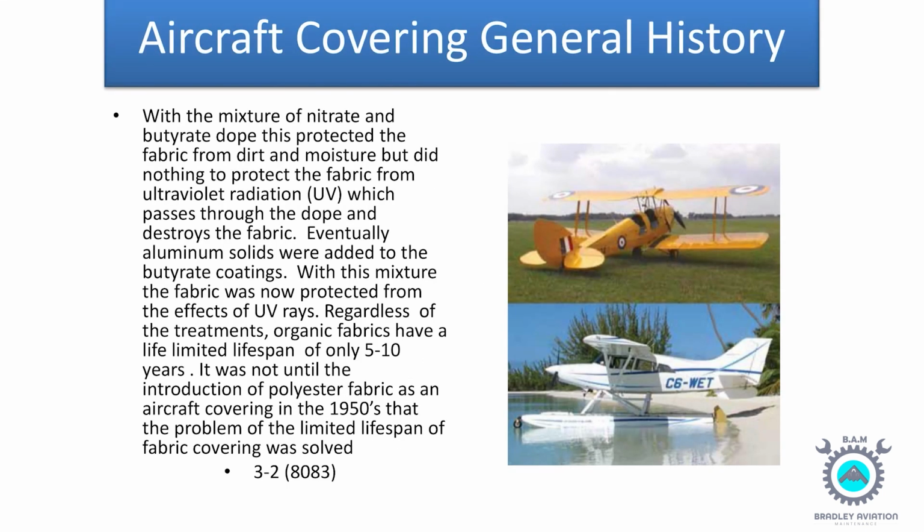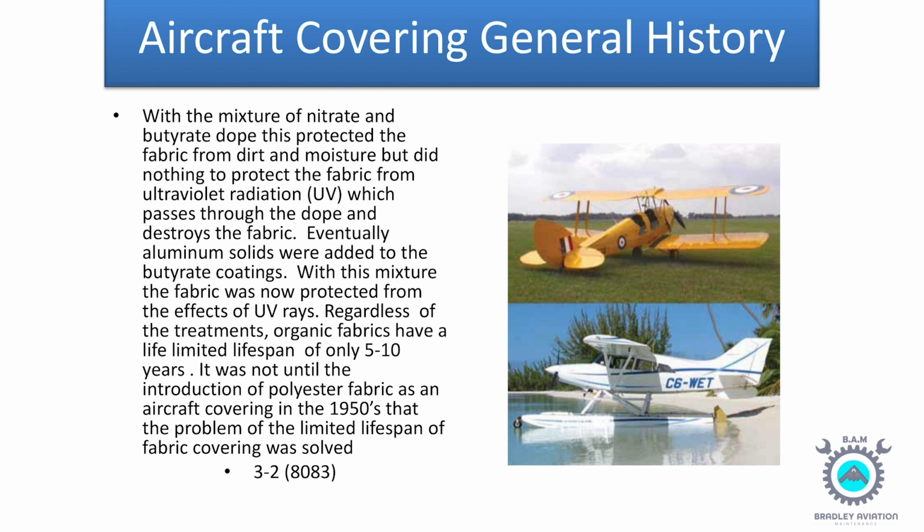Aircraft covering general history. With the mixture of nitrate and butyrate dope, this protected the fabric from dirt and moisture, but did nothing to protect the fabric from ultraviolet radiation, UV, which passes through the dope and destroys the fabric. Eventually, aluminum solids were added to the butyrate coatings.